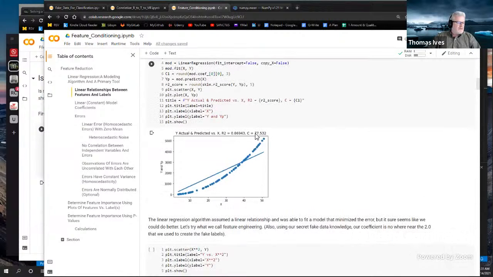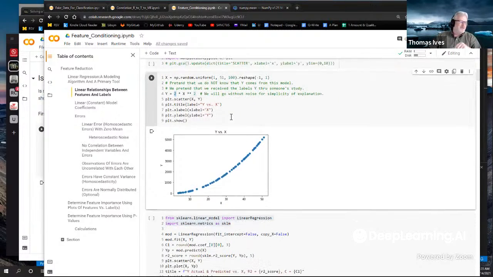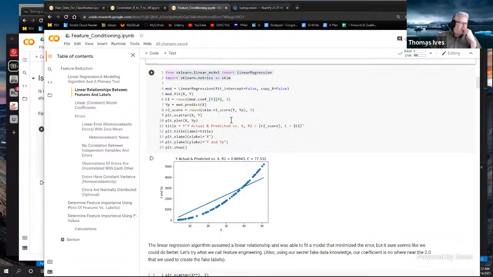So the coefficient was 77. That's strange. It was only 2. I know what the weight should be. Why? Because I created the model that created the fake data. Okay, we're trying to pretend we don't know so we can practice.